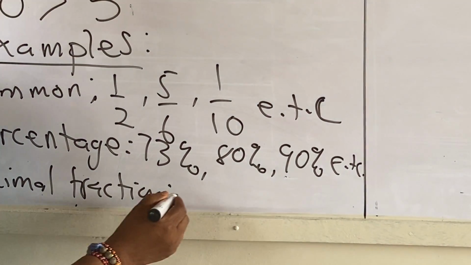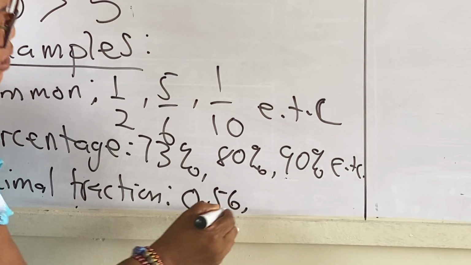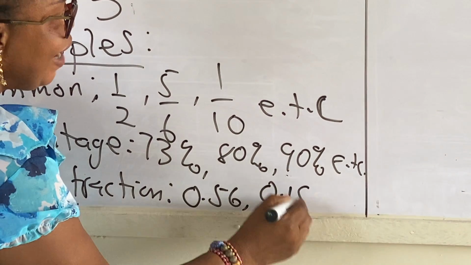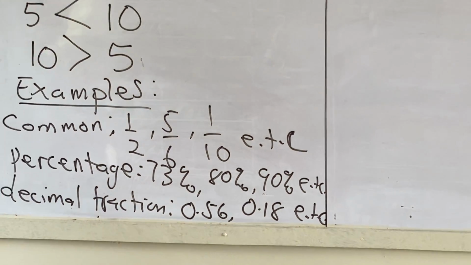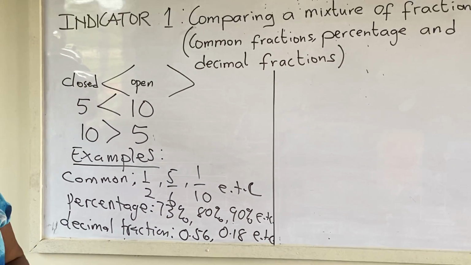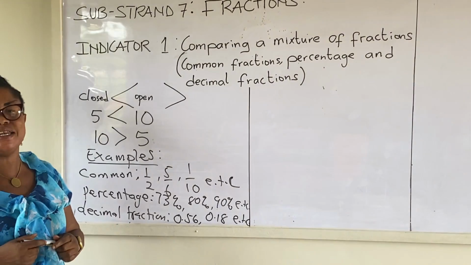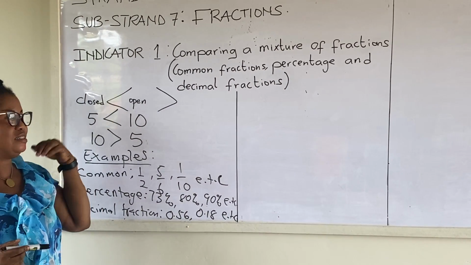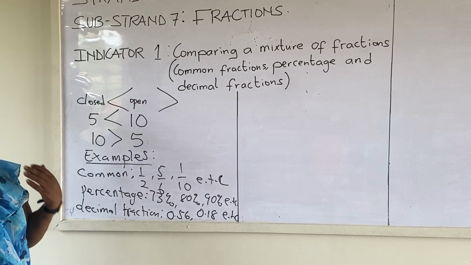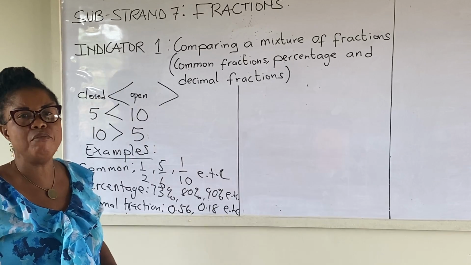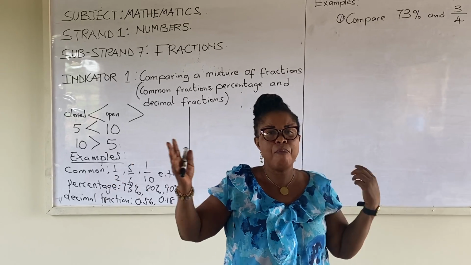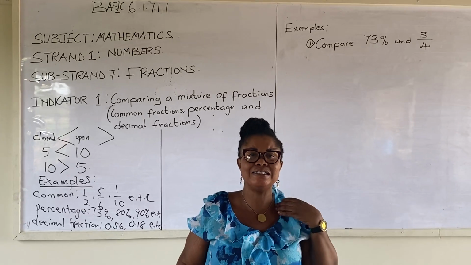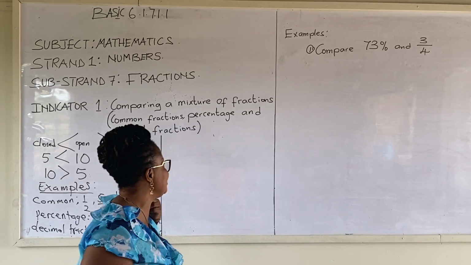For instance, 0.56, 0.18, etc. As soon as we see numbers with decimals inside them, they are known as decimal fractions. But in today's tutorial, we are going to break them into bits. Today we are going to compare a percentage fraction and a common fraction.